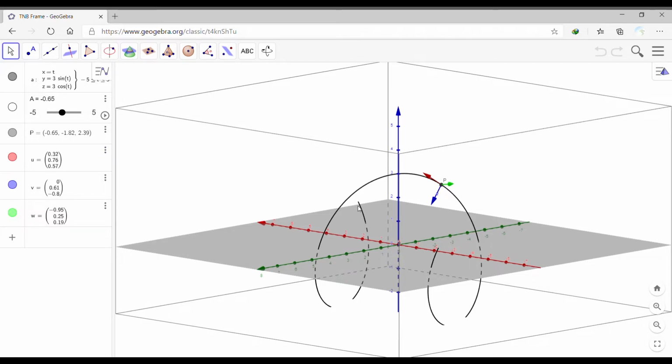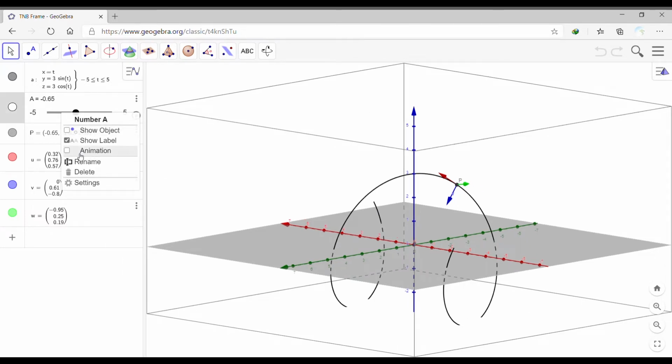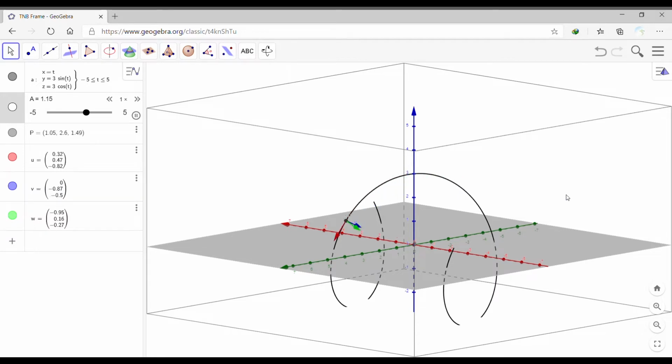You can see the movement of the TNB frame over this curve in this video. So this is how the TNB frame moves.